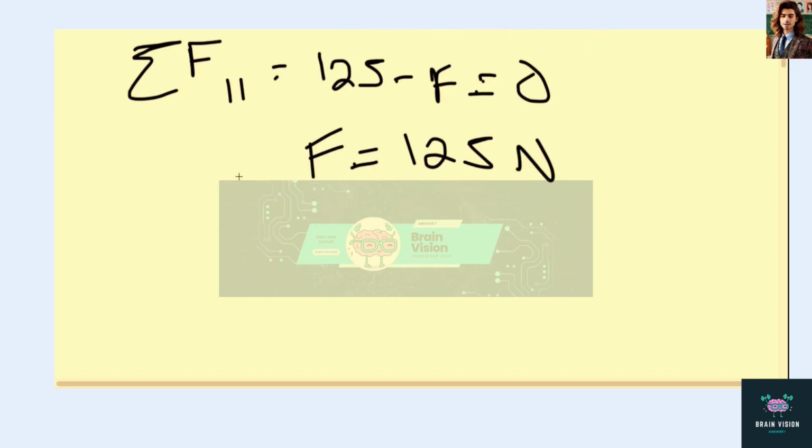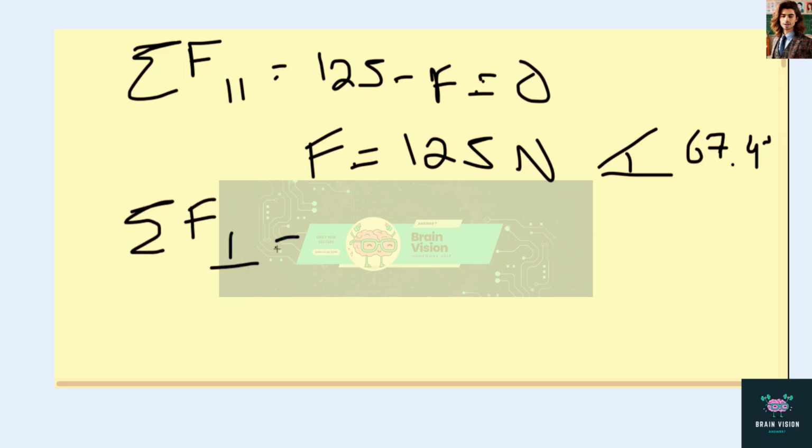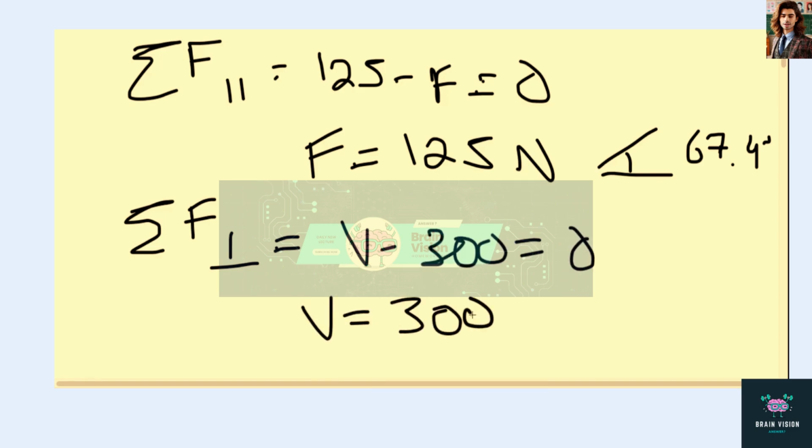And we can use the force triangle to say that it is acting at a 67.4 degree angle. Then the net force in the perpendicular direction equals V minus 300, which equals 0. So V equals 300. Again, using the force triangle angles, it is 22.6 degrees.